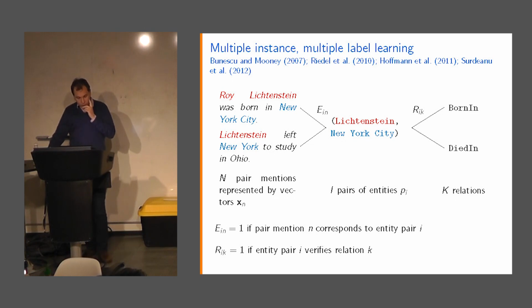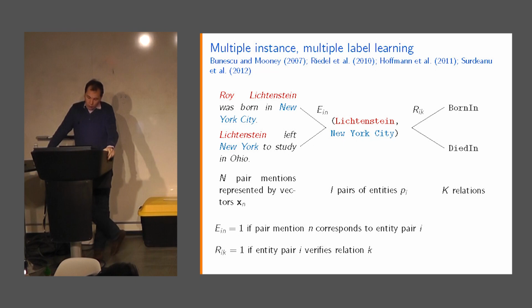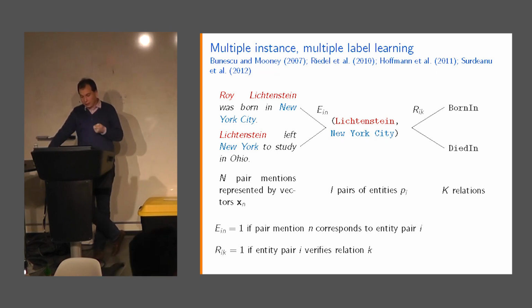And so some very quick notation. For the rest of this part, xn will be a feature vector that will represent each sentence. We suppose that we have K different relations, and so we have a matrix R_ik that will tell us if the entity pair i verifies the relation k.